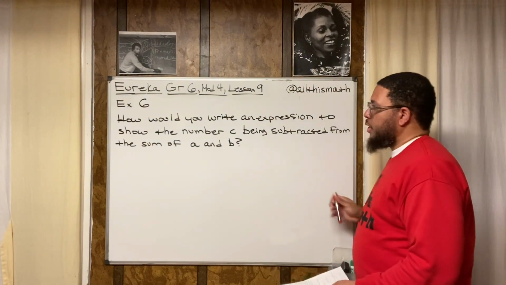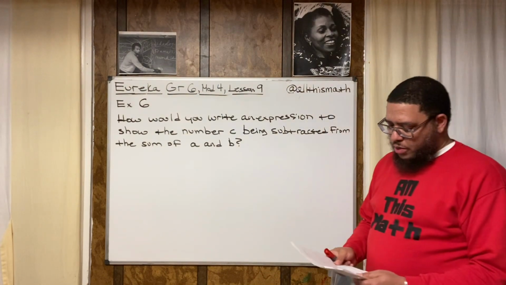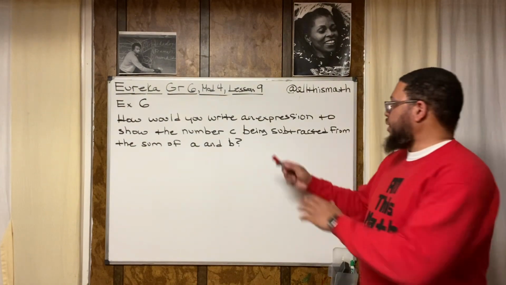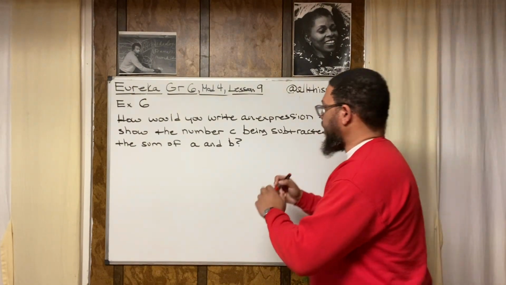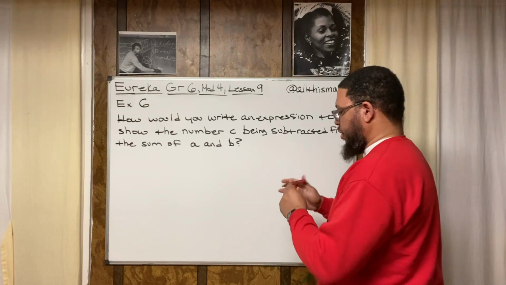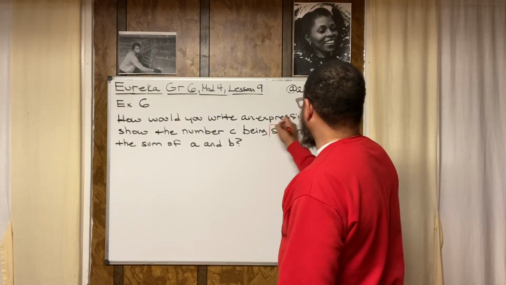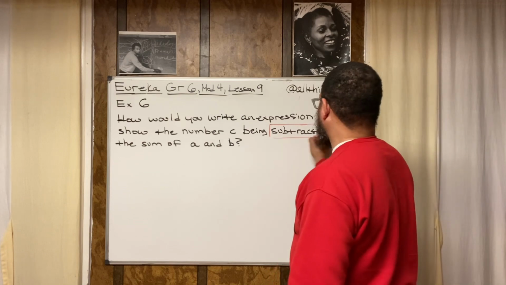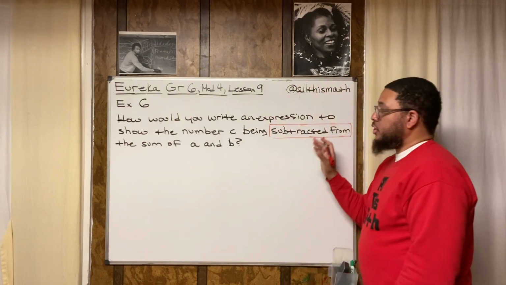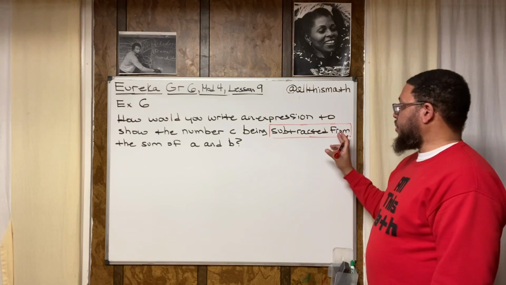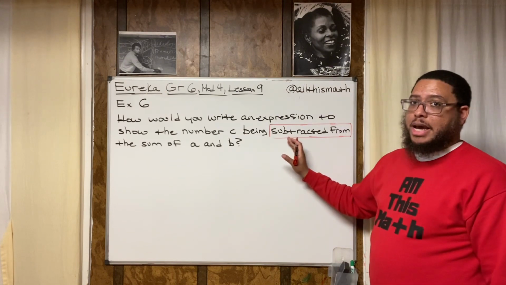So first off, let's look at what we're working with. Let's break this down. An expression to show the number C being subtracted from. That's an important phrase, subtracted from. That means there's a minus sign. But it says subtracted from. It doesn't say minus.